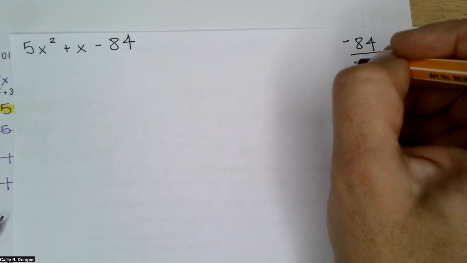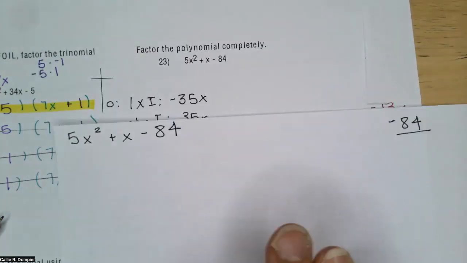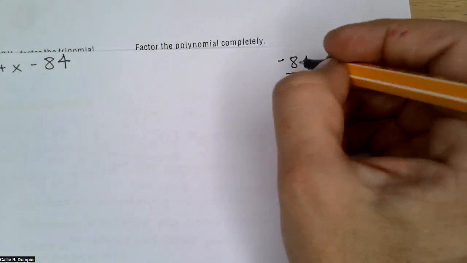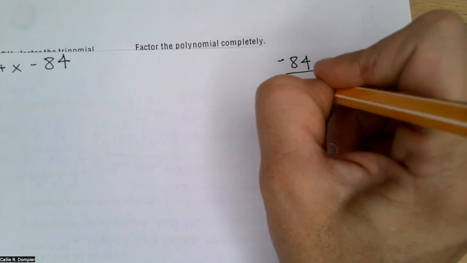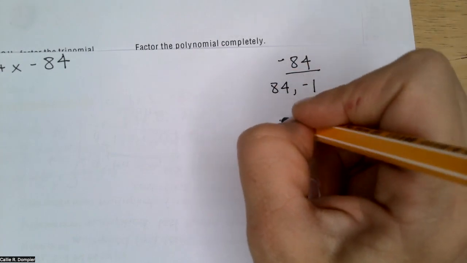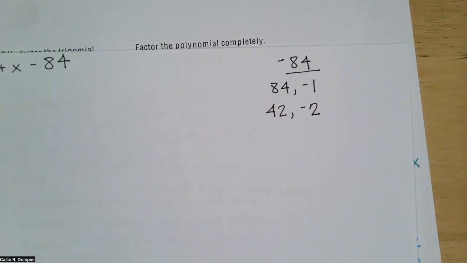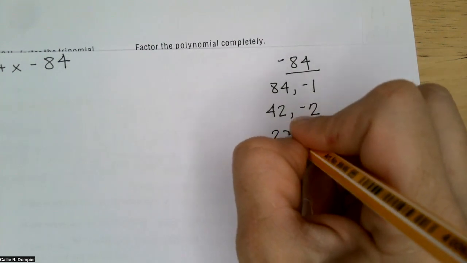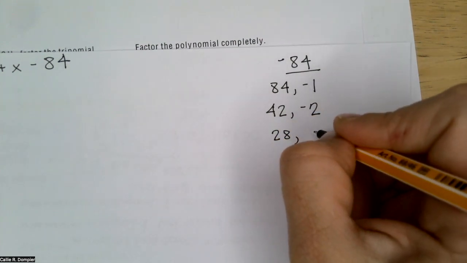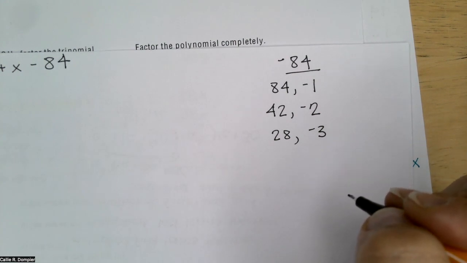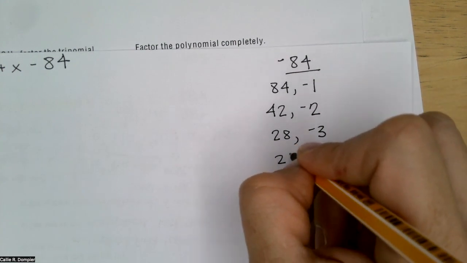Sorry, I'm trying to solve this. So it's multiplying to a negative, but it's adding to a positive. So I'm going to say that it's going to be 84 and -1, 42 and -2, 84 divided by 3, 28, 28 and -3, 84 divided by 4 is 21.